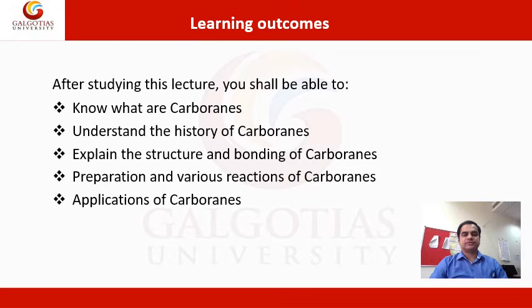Now let's discuss the learning outcomes of the present video. After studying this lecture, you will be able to know what carboranes are. You will also understand the history of carboranes, how they came into existence in the literature, and we can also explain the structure and bonding of different classes of carboranes by using Wade's rules, and from using Wade's rules we can calculate the different classes of carboranes.